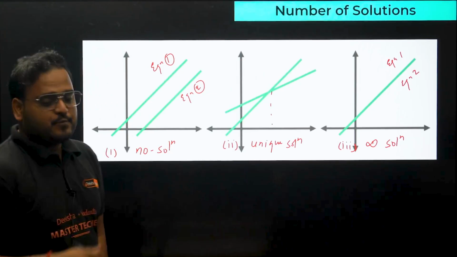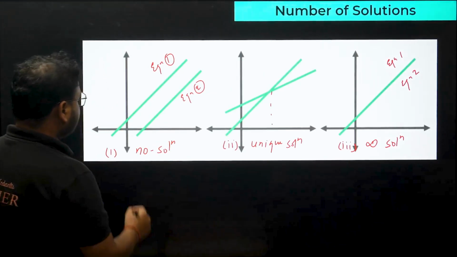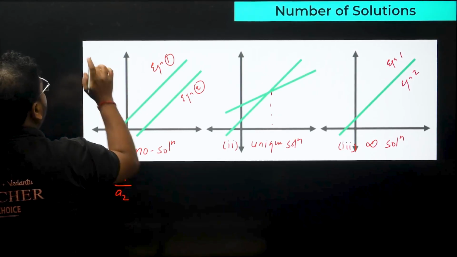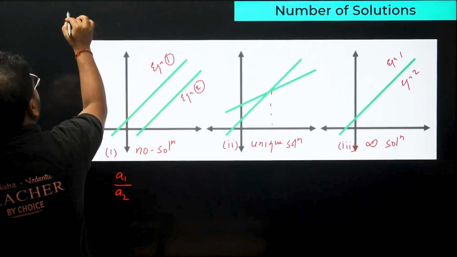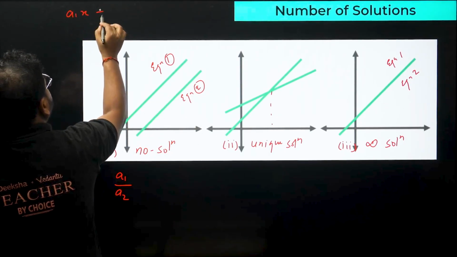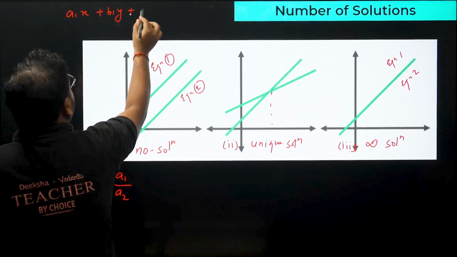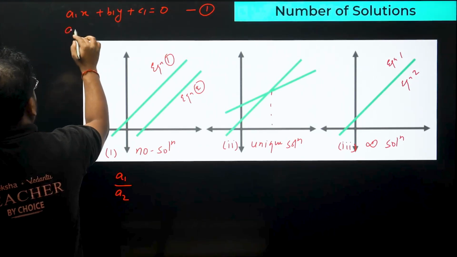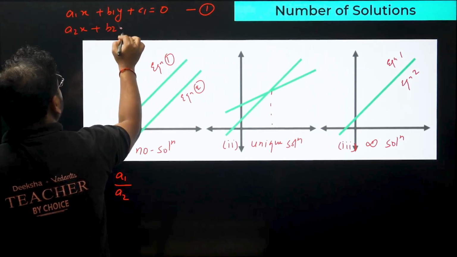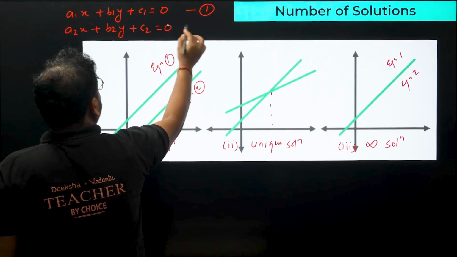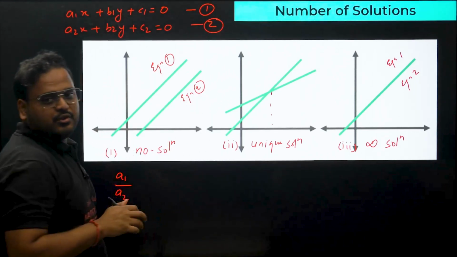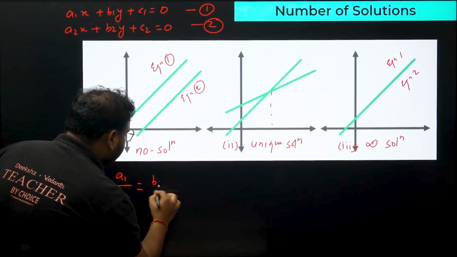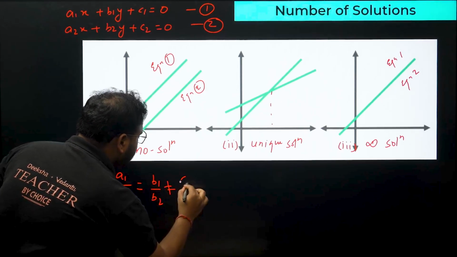We also have an algebraic approach for this. Let me write it. If you have two equations given to you, A1x plus B1y plus C1 equal to 0, my equation number 1, and A2x plus B2y plus C2 equal to 0, my equation number 2, then no solution means A1 by A2 equals B1 by B2 but not equal to C1 by C2.